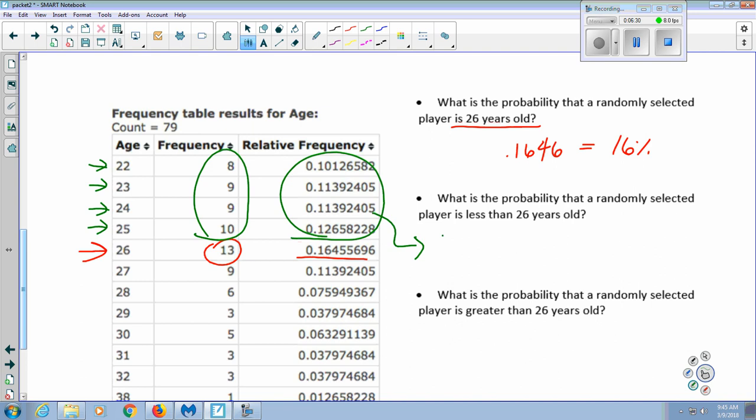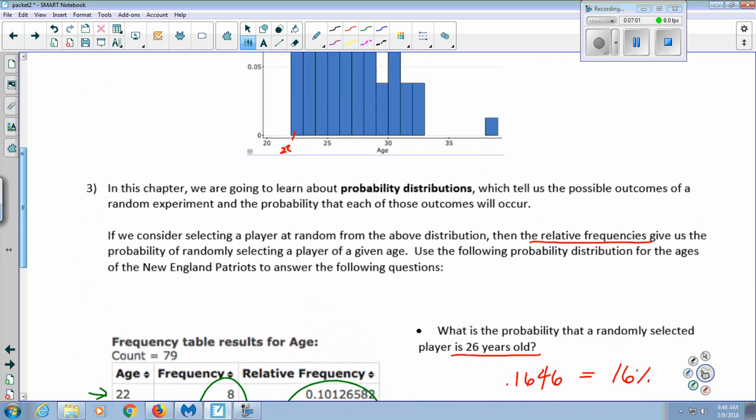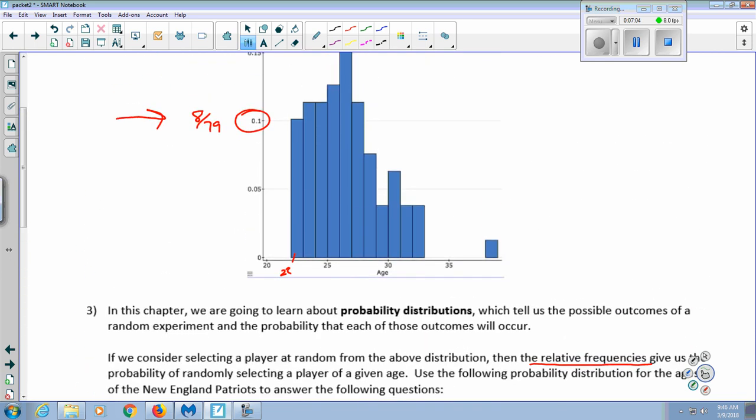So the probability that a player is less than 26 is going to be equal to 0.101 plus 0.114 plus 0.114 plus 0.127, and this comes out to be 0.456. And this would correspond on our graph to summing up the heights of these bars that are less than 26.